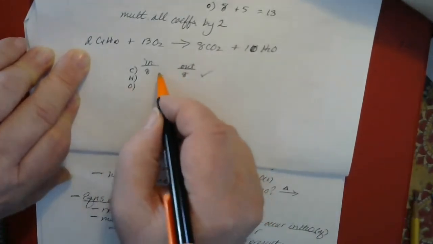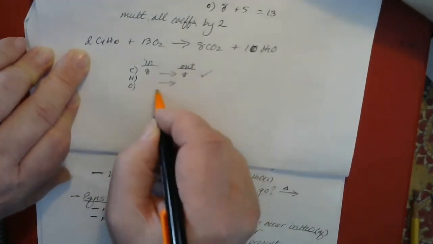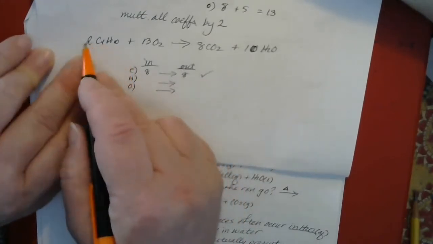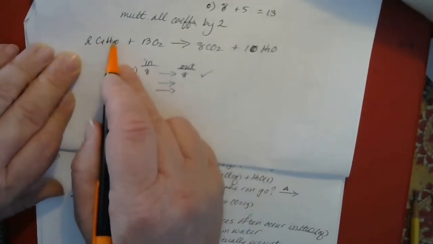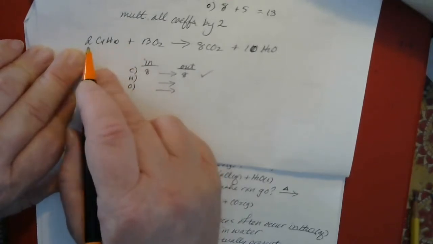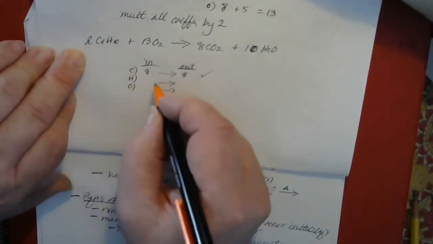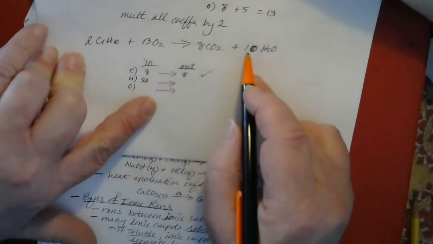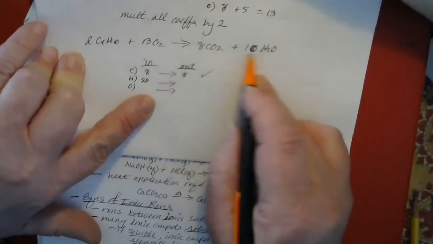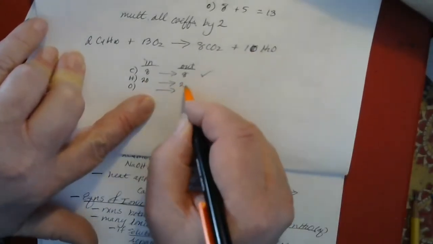Carbons balance. For hydrogens, we have 10 times 2. Don't forget that 2 applies to the hydrogens in butane also. So 2 times 10 would be 20 hydrogens going in, and coming out, we've got 10 waters with 2 hydrogens each, so that's 10 times 2, or 20.